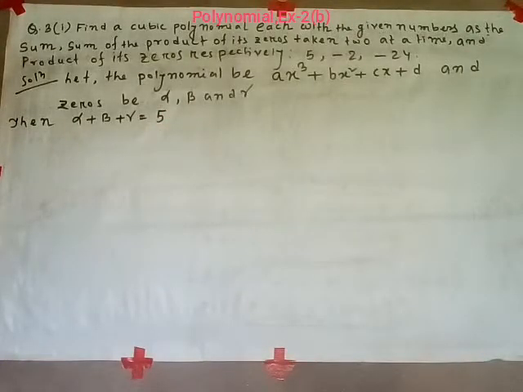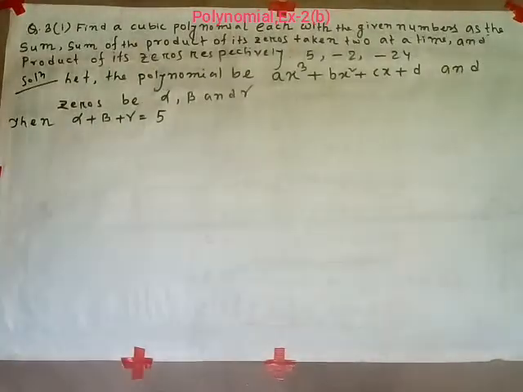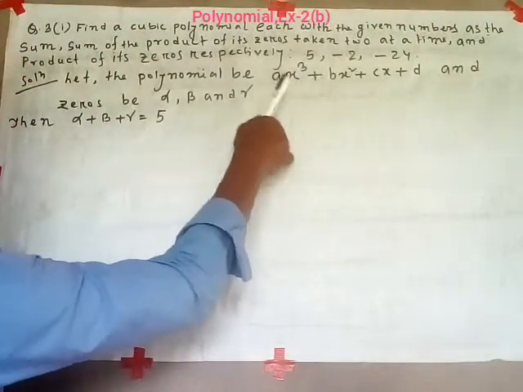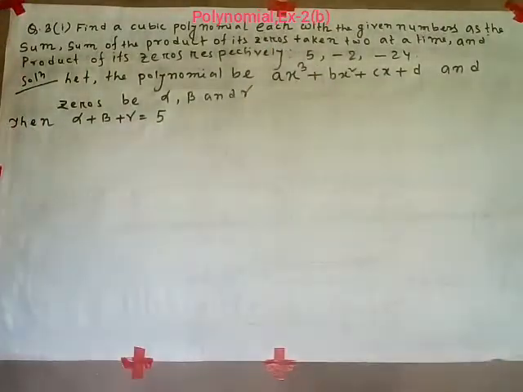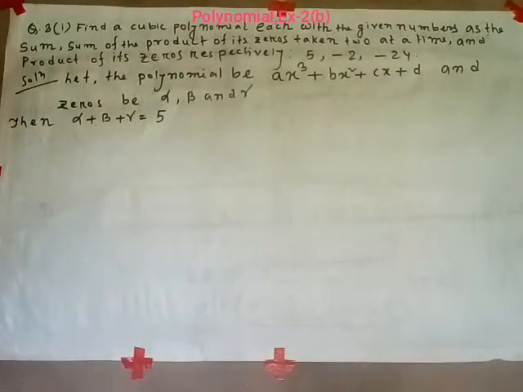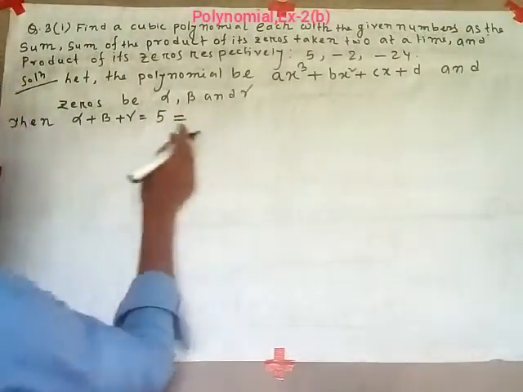We have learned last time the formula for alpha plus beta plus gamma. You can see from your book also. The formula is minus b by a, minus b divided by a. b is the coefficient of x square, a is the coefficient of x cube. This is equal to this 5.